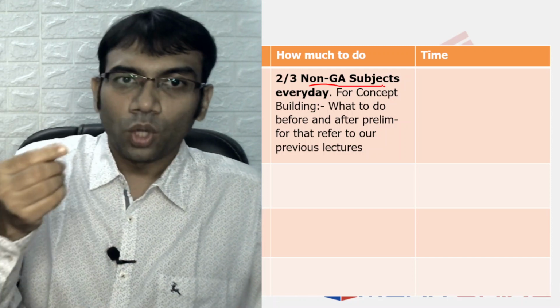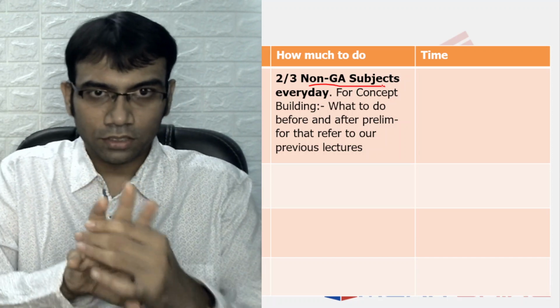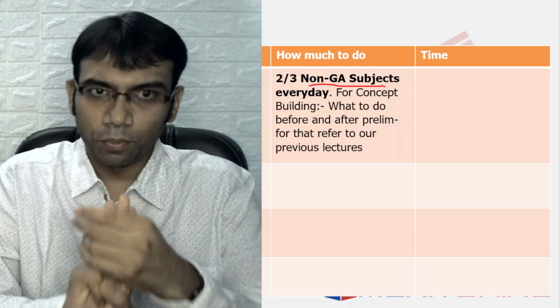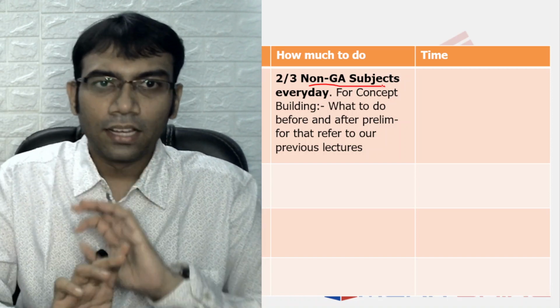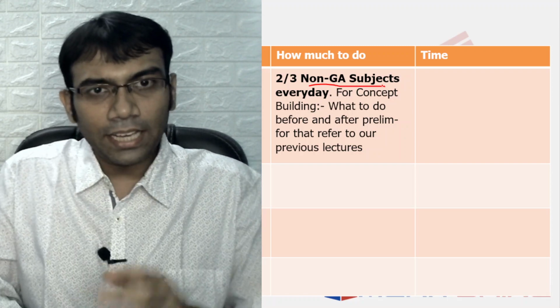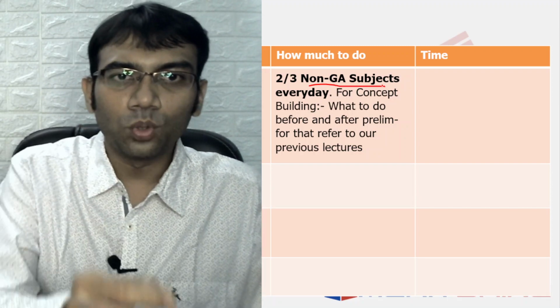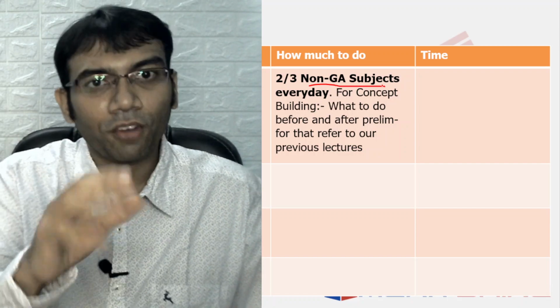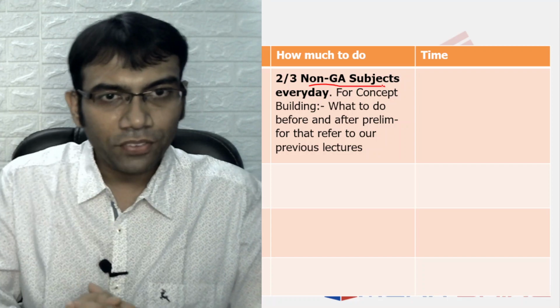Okay. So take, for example, let's say there are three subjects, three sections broadly: quant and DI, reasoning, and your English language section. So each day you take 2 out of these 3 to do concepts. Let's say in quant you took arithmetic, profit and loss. You did the concept of profit and loss.